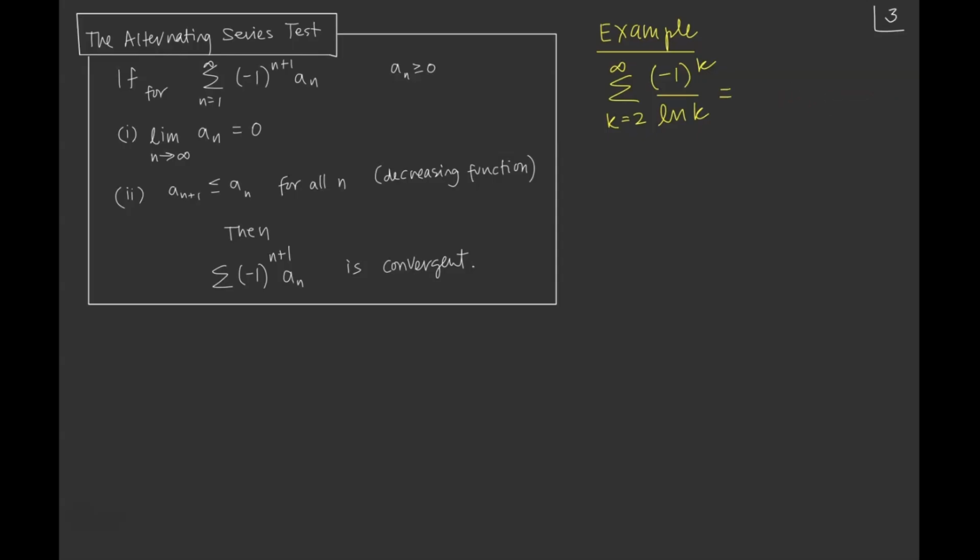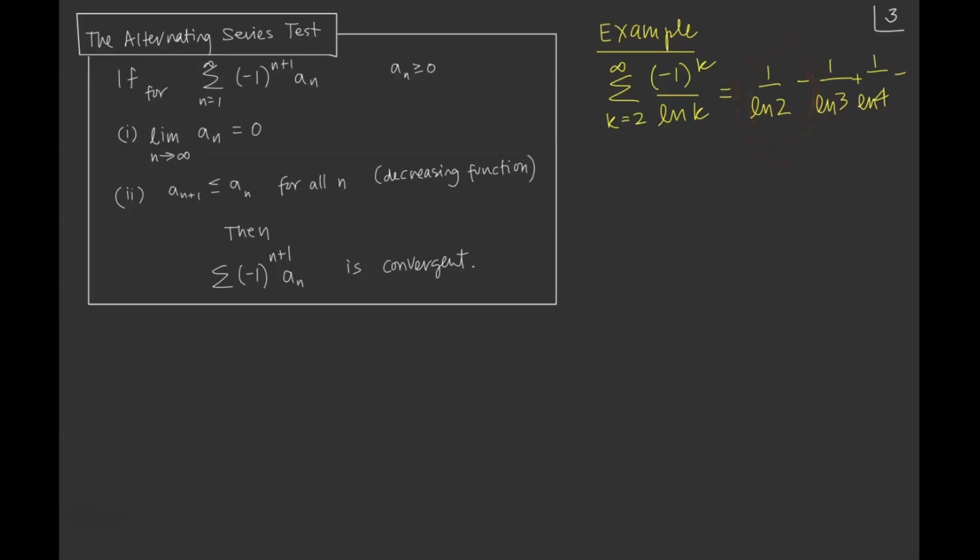If k equals 2, which is where we're supposed to start, then I get 1 over natural log of 2. And then if k equals 3, I get -1 over natural log of 3. If k is 4, I get +1 over natural log of 4. And so it keeps on going just like that, alternating, 1 over the natural log of whatever term it is.